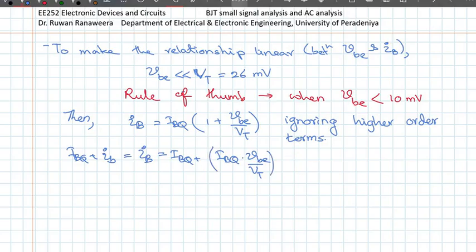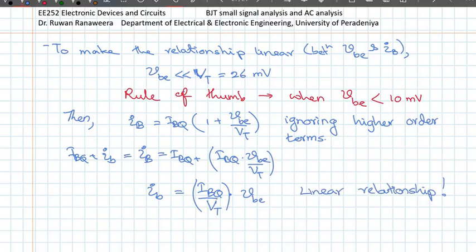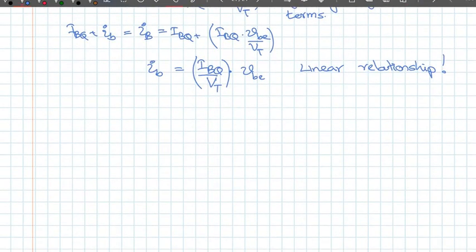So IB is equal to IBQ over VT, which is a constant, times VBE. That's my expression. Now this is clearly a linear relation. Now when can we use this? When do you have this linear relationship? When the signal is small. VBE should be very small. Therefore we call this a small signal model.